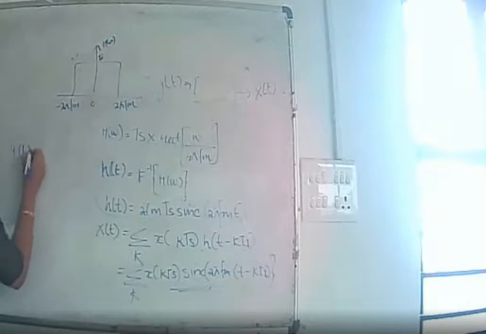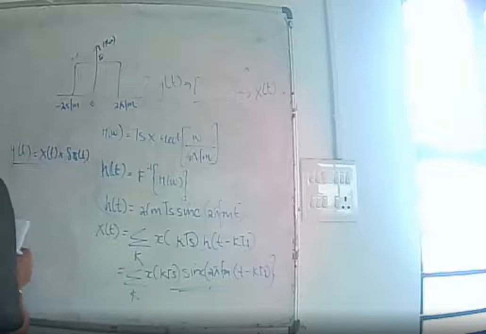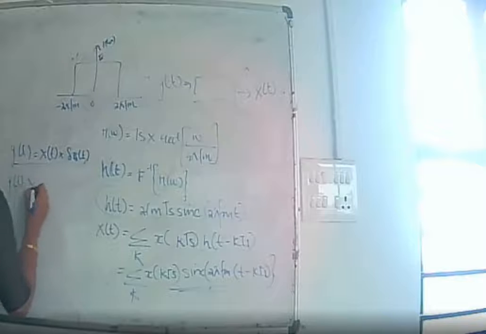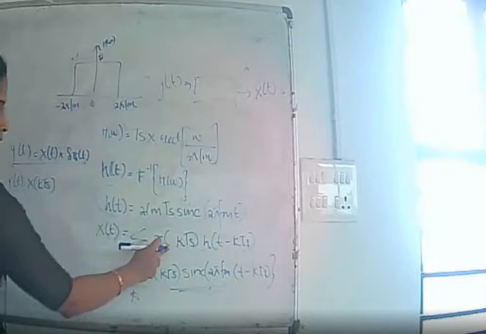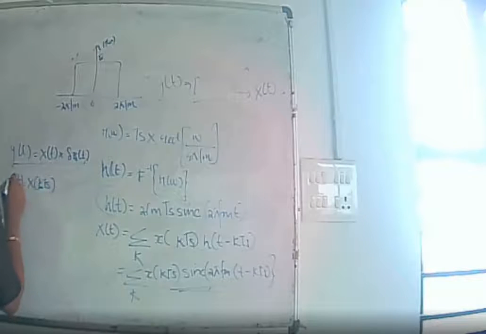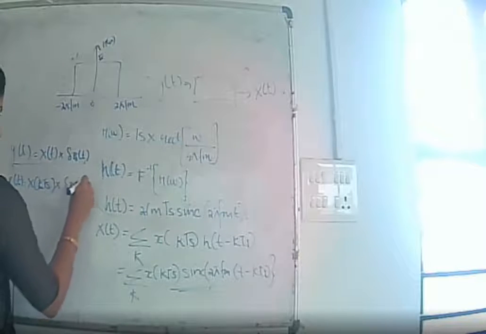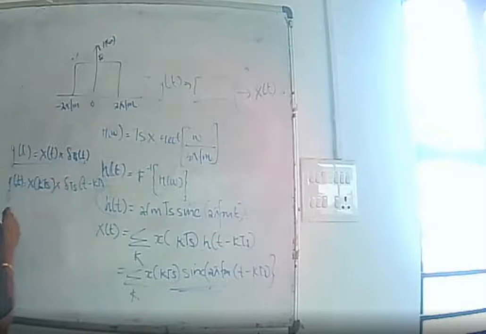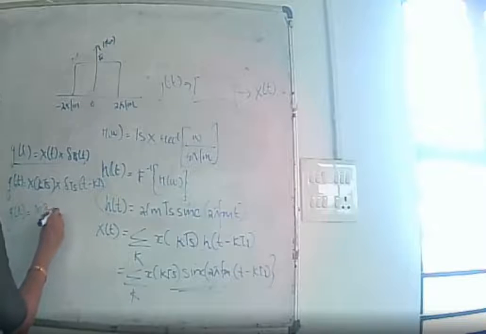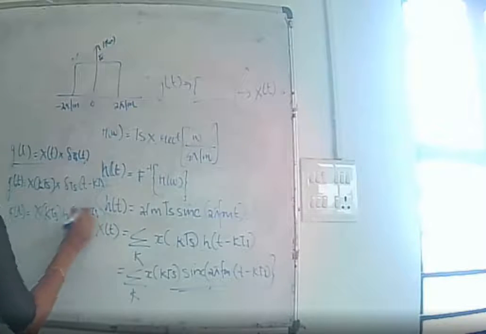g of t is nothing but x of t into delta Ts of t, as we all know from the sampling theorem. Considering the kth sample, g of t is nothing but x of kTs into delta of t minus kTs. So the filter output is x of kTs into h of t minus kTs.